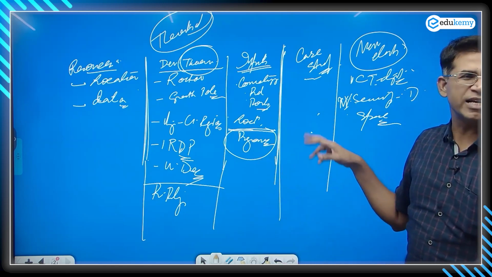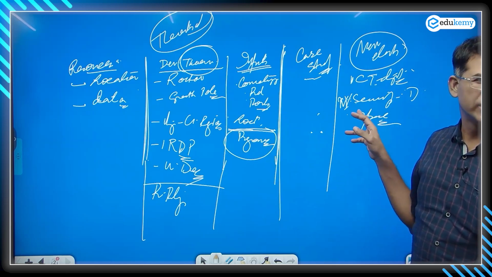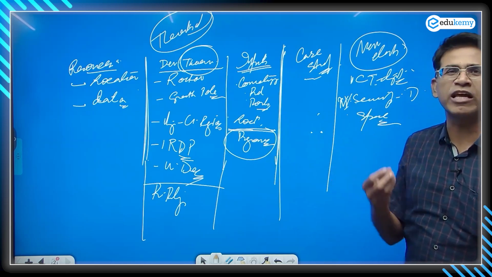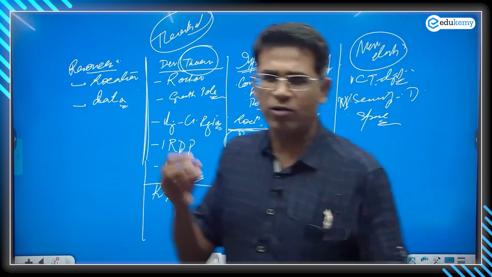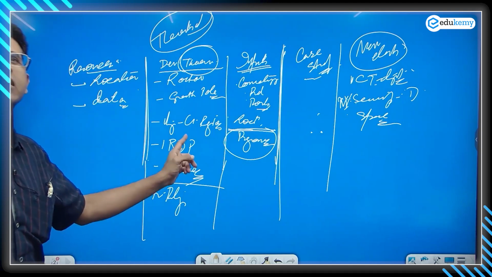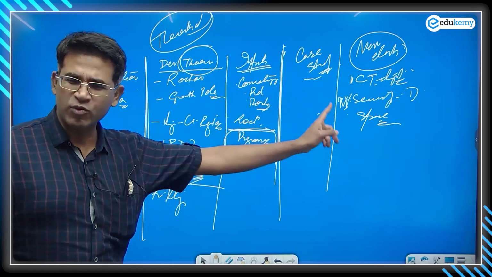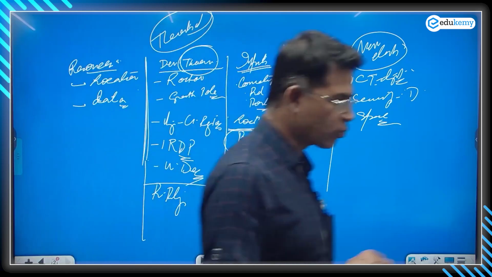Connectivity. Case study, Delhi NCR will become your case study. And whatever is modern. Since it is urban areas, a very smart discussion can be on smart cities, and you can write a paragraph on that. So remember this canvas, all of you: resources, the theoretical concepts, the infrastructure, one case study, and some new elements. So that's one discussion.